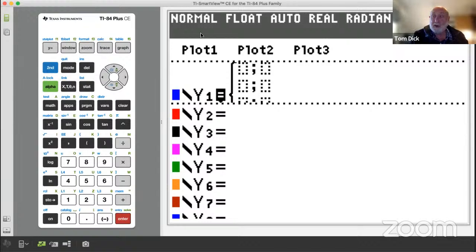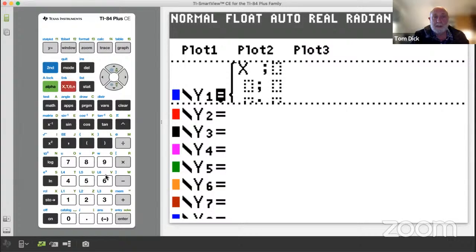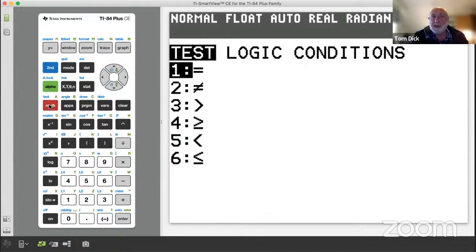So the function we're going to look at has the formula x plus 5, and that's going to be good for the interval from -5. Now I need an inequality sign, so I'm going to go to the TEST menu, second shift of the math menu. You can see there are the individual inequality signs.